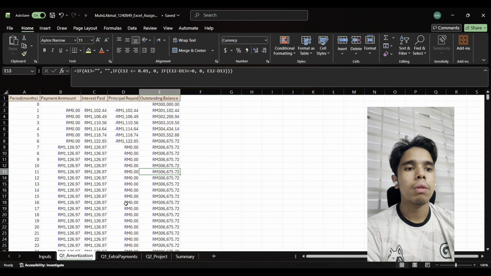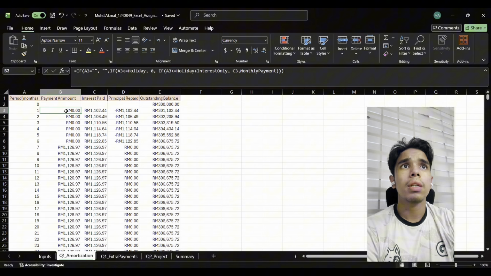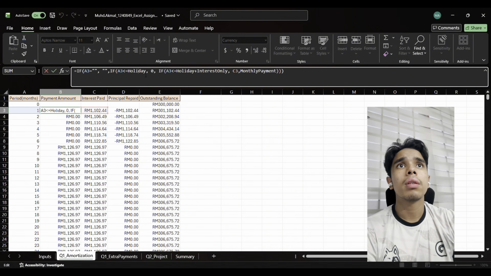I will show the formula for each column. For the payment, if the month is less than or equal to the holiday, which is 6 months, it will be 0.